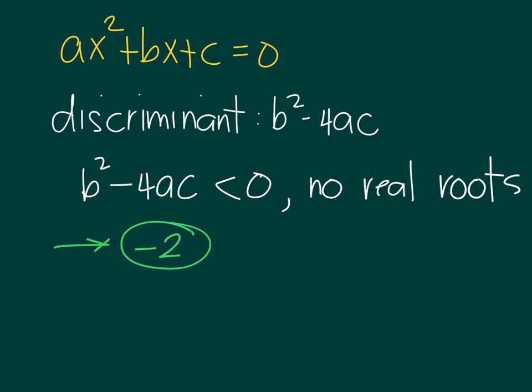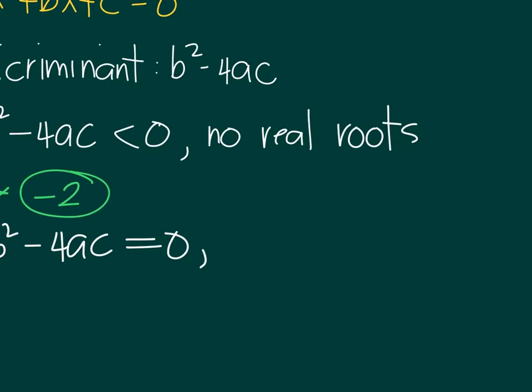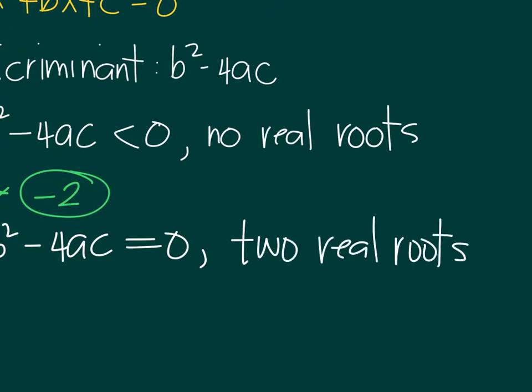The second case is when b squared minus 4ac is equal to 0. When b squared minus 4ac is equal to 0, the nature of the roots is that there are two real roots that are equal.